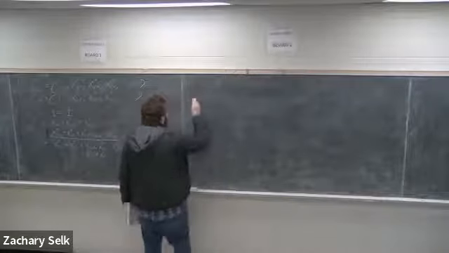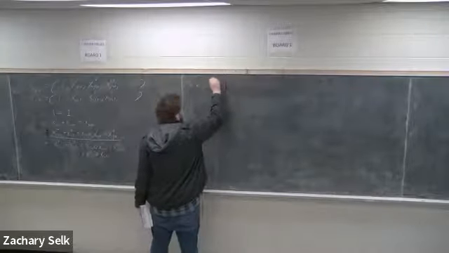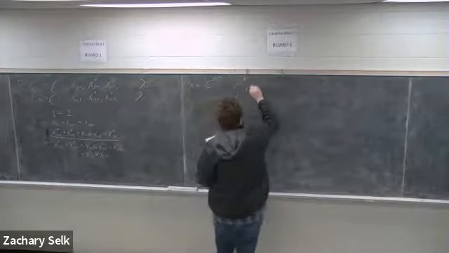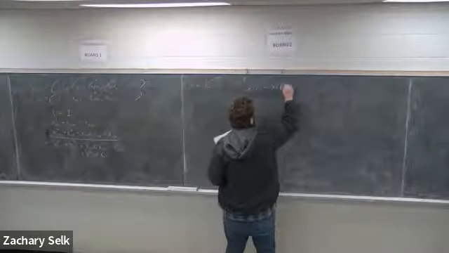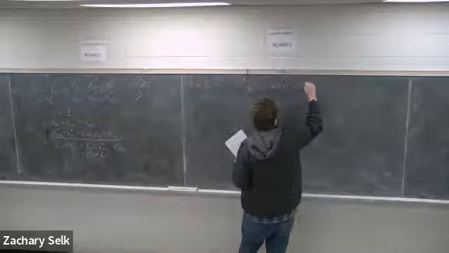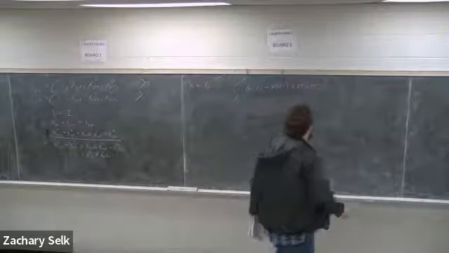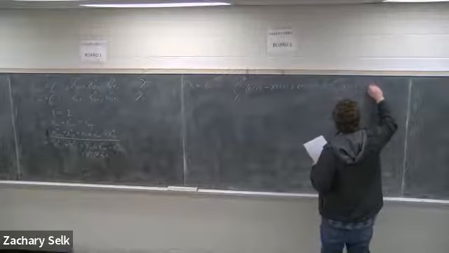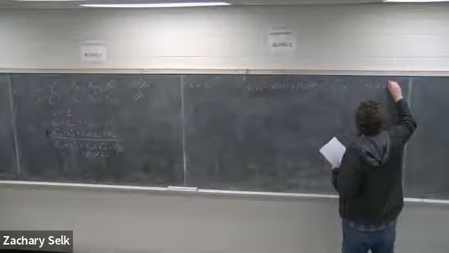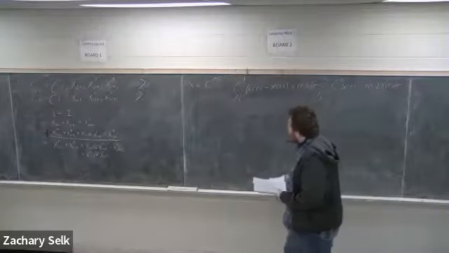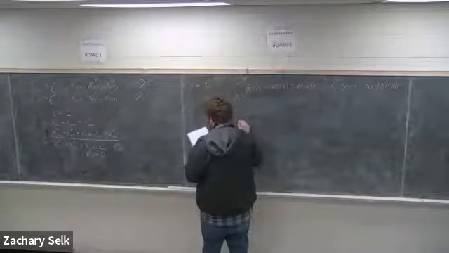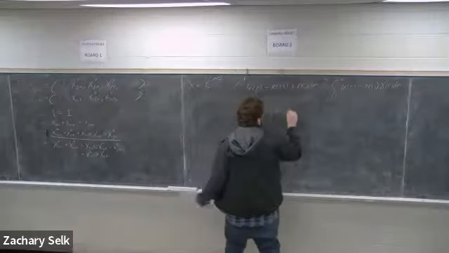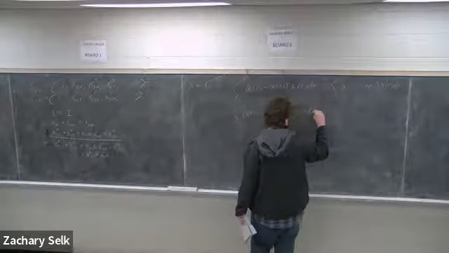So if x is in C infinity, we can just look at the integral of x prime of r dr minus the integral from s to u of x of r minus x of s times x prime of r dr, minus the integral from u to t of x of r minus x of u times x prime of r dr.